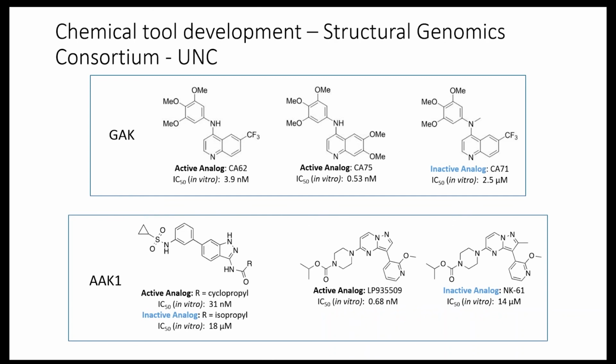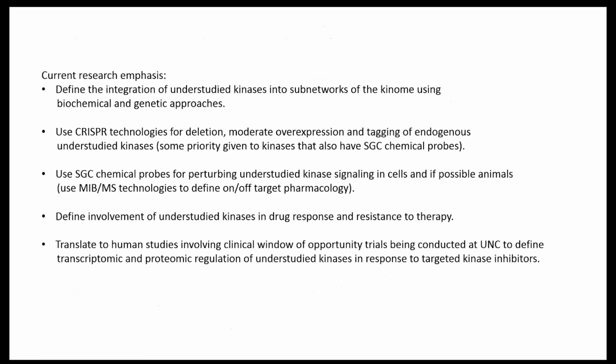And so we can take both a genetic knockout approach as well as a pharmacological approach to study the function of these understudied kinases. And we have chemical probes, not all in my laboratory, but being developed by the Structural Genomics Consortium for a reasonably significant percentage of the understudied kinases that will integrate with our CRISPR-Cas genetic analysis.